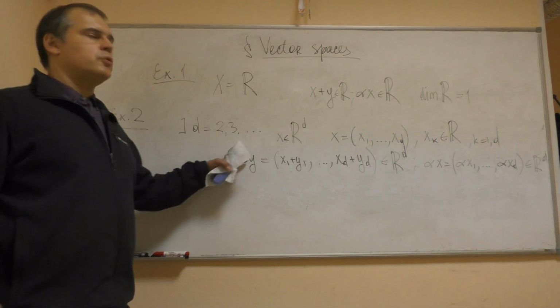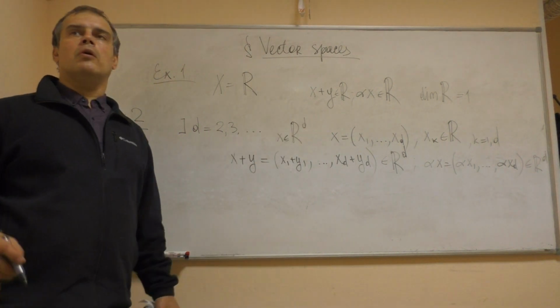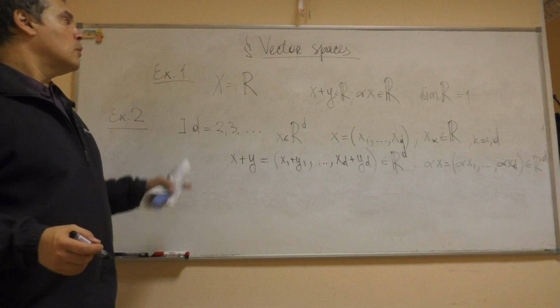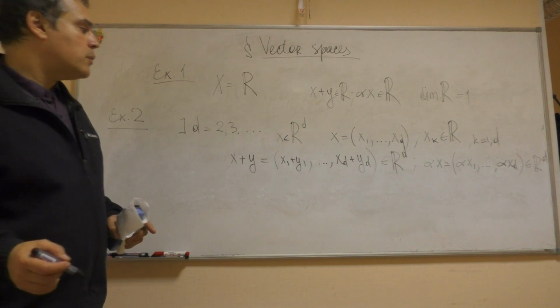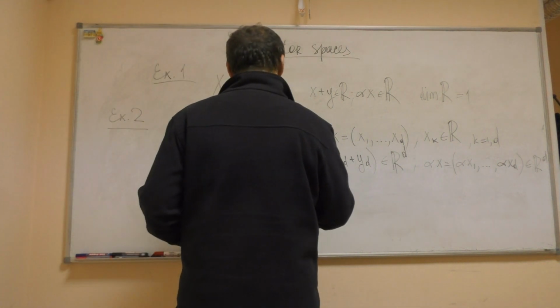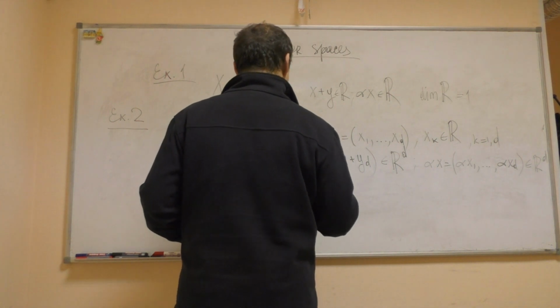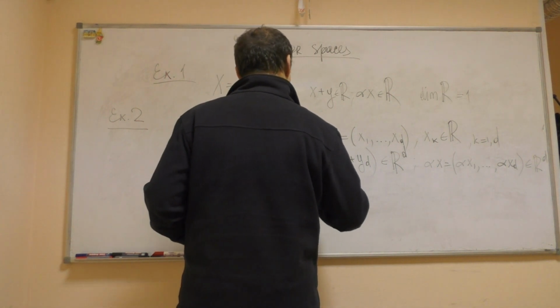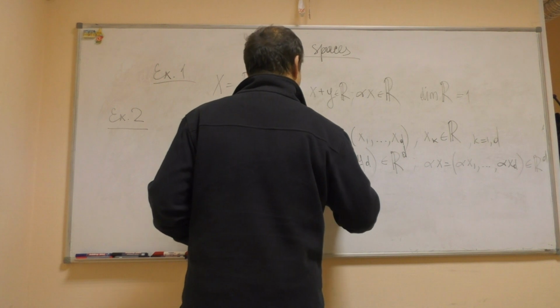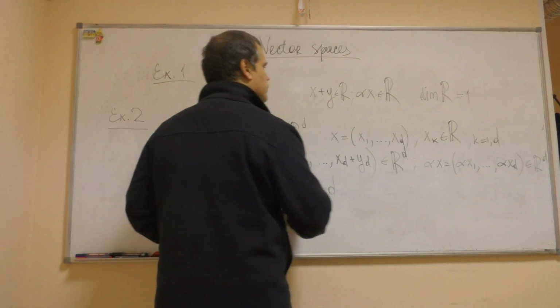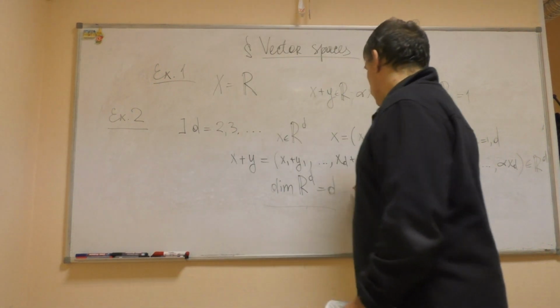We can prove that in this case all axioms of vector spaces are fulfilled, and the dimension is exactly equal to d. Please prove it.